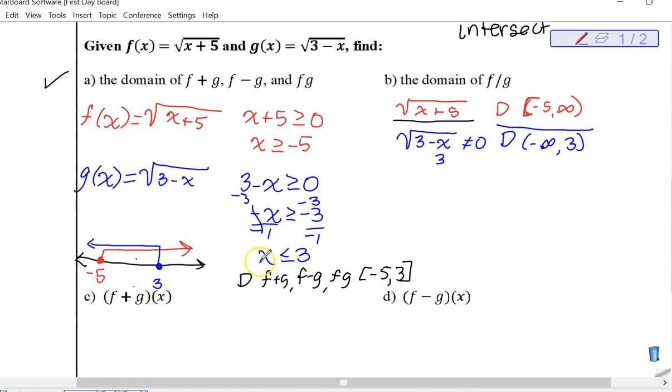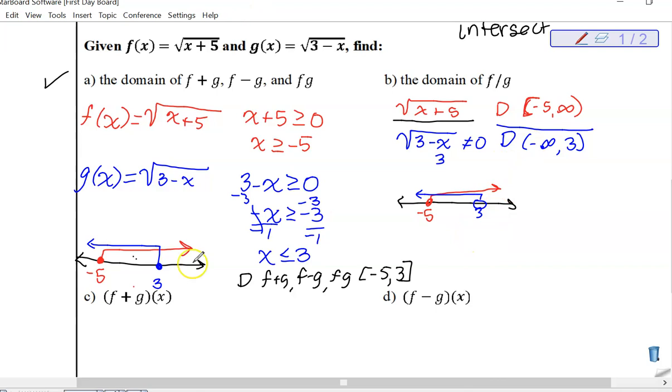So again, if I were to graph that on a number line, just to look at it graphically here, I know that from negative 5 to infinity, it'll work for my numerator. And in my denominator, from negative infinity to 3, but open at 3, because I cannot put a 0 in the denominator, and a 3 would create that.